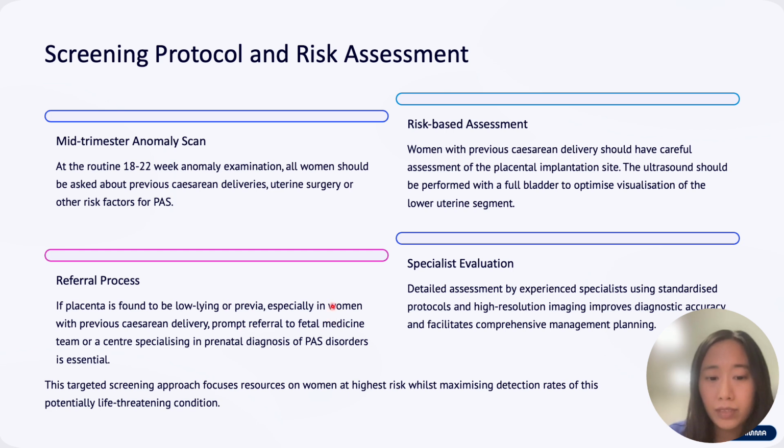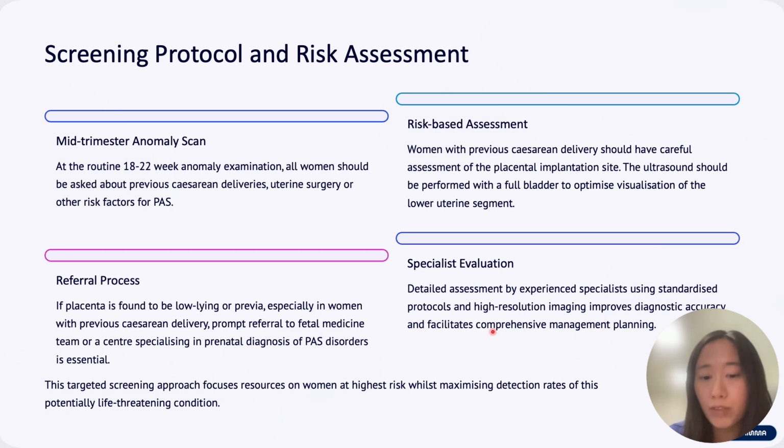In FMU, we'll have the specialist evaluation with TVS and 3D/4D imaging, and if necessary, complemented with MRI. And then we'll also refer to a center specialized in prenatal diagnosis of PAS if we confirm or diagnose it. It will be St. Mary's for our region.